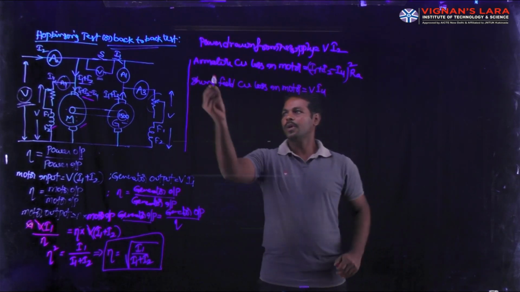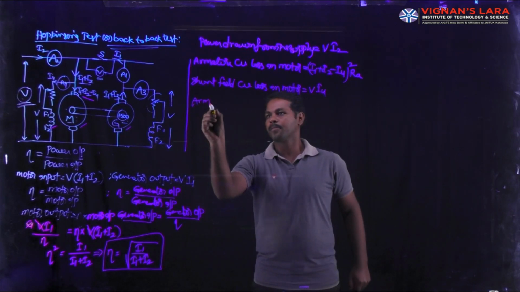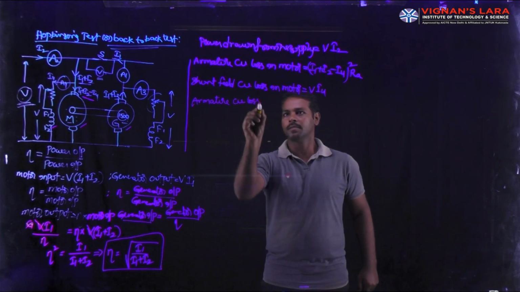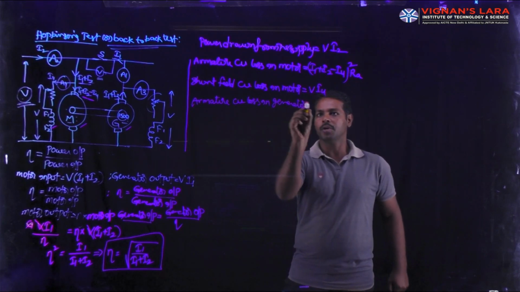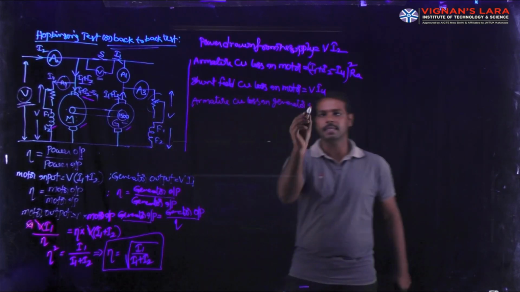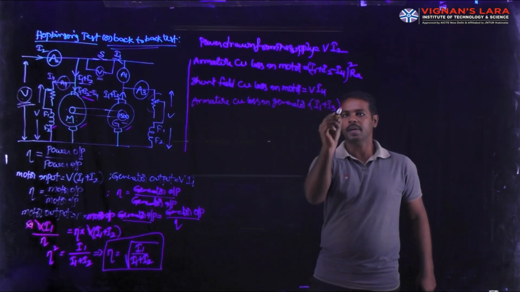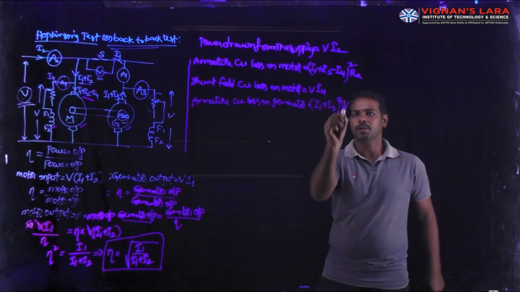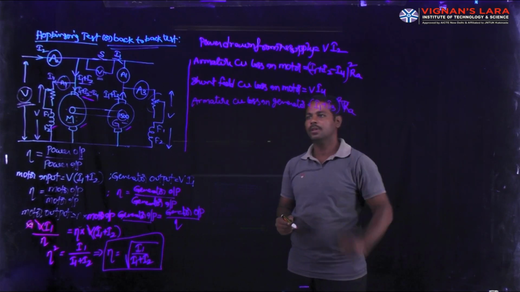Similarly, for the losses in the generator, the armature copper loss is (I1 plus I3) whole square into RA.